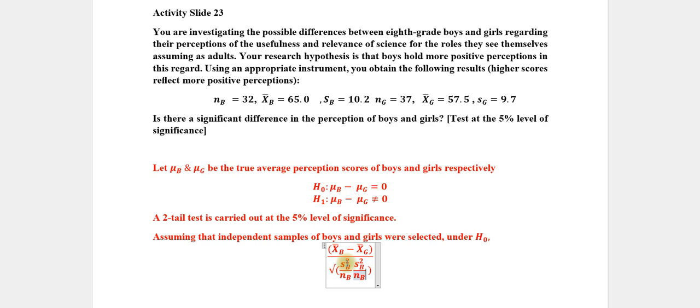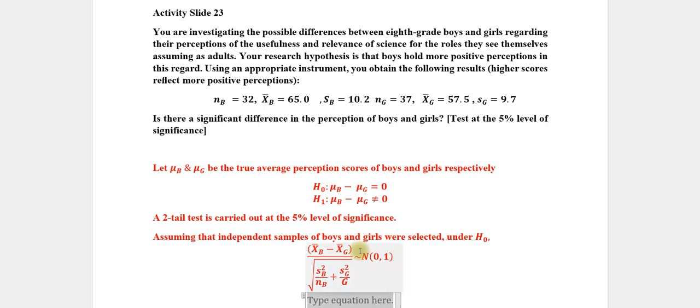And then I'm going to do the same thing, but now with the girls, s g squared over n g. And this is going to follow a normal distribution because, of course, the sample sizes are large.